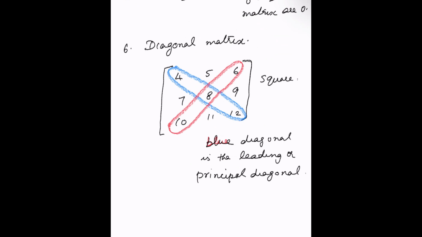So by the way, this is not a diagonal matrix. What is a diagonal matrix? All the elements are 0 except the diagonal. Understood? Except the leading diagonal, all the elements of a square matrix are 0. Such a matrix is called a diagonal matrix. So this is a diagonal matrix.